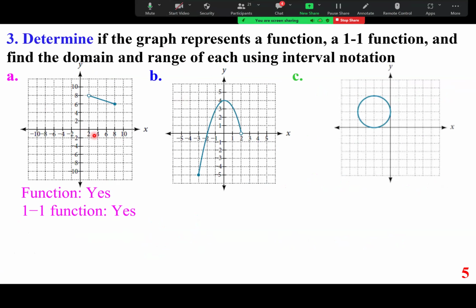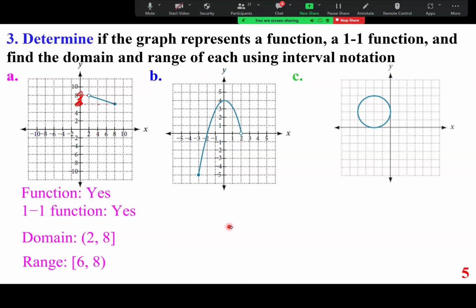Therefore, the domain is from 2 to infinity. 2 is not included, so parentheses: 2 to infinity, because there is a hole here. And then the range is from 6 to 8, 6 is included, 8 is not.